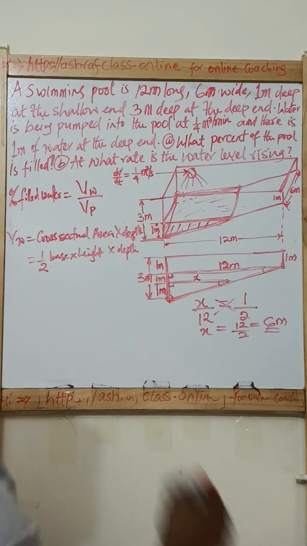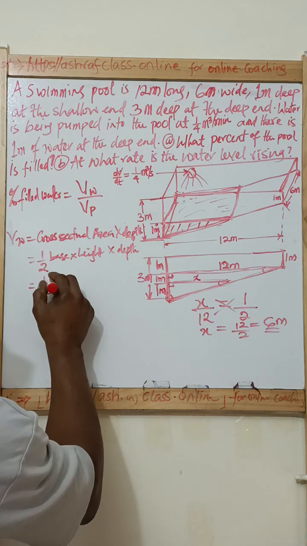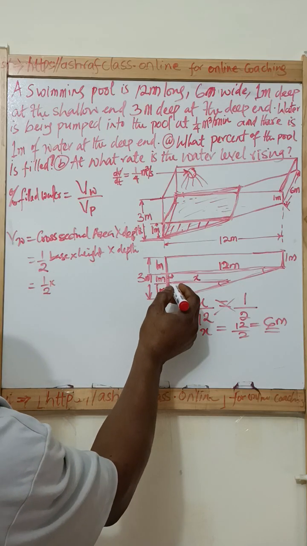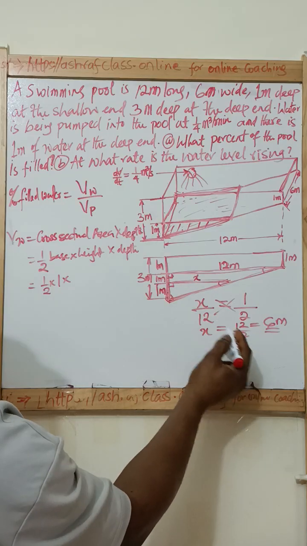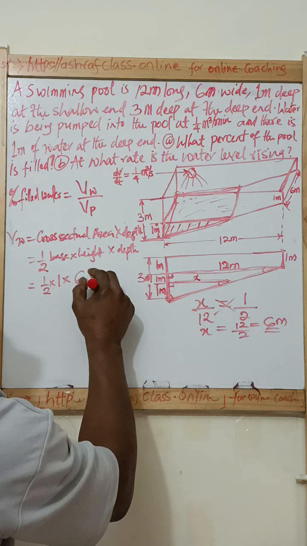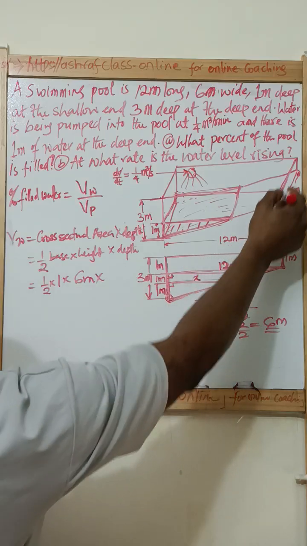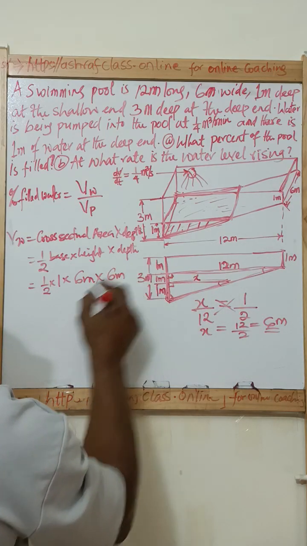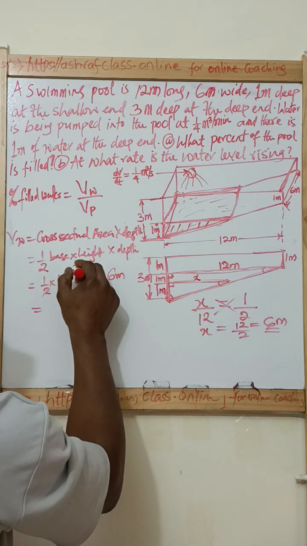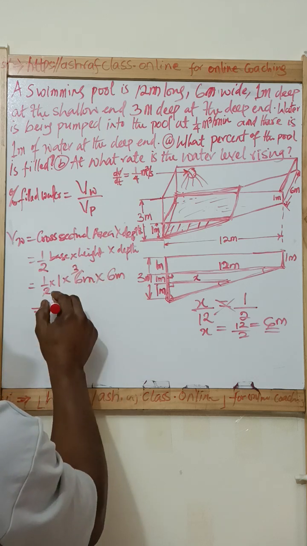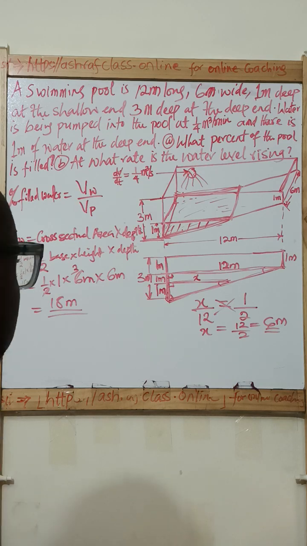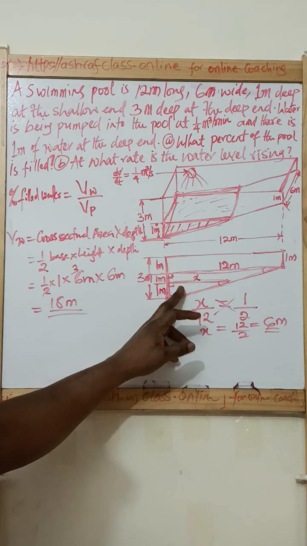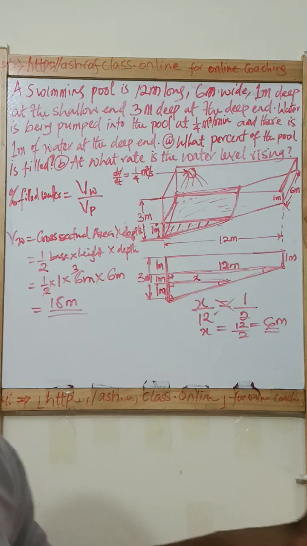The base is 1 meter, the height x is 6 meter, then times the depth, this depth, 6 meter. Half times 6 times 6 gives 18 meter cube. That is the volume of the water. So this is how we determine the volume of the water.